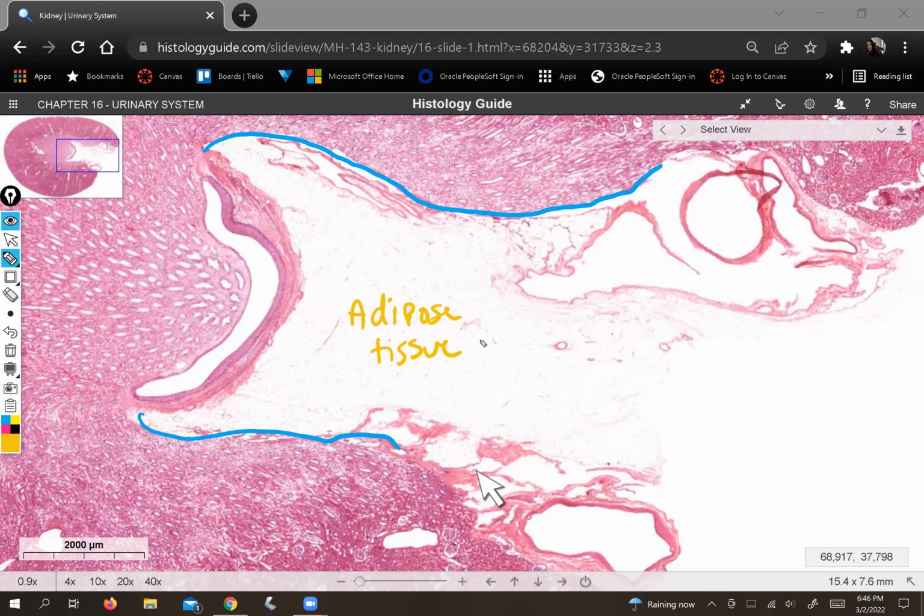So a hilum is just a place where tubes come and go. It's not specific to any one organ either. And then renal sinus is full of fat. So adipose tissue represents the renal sinus. All right, let's go look at some tubes.